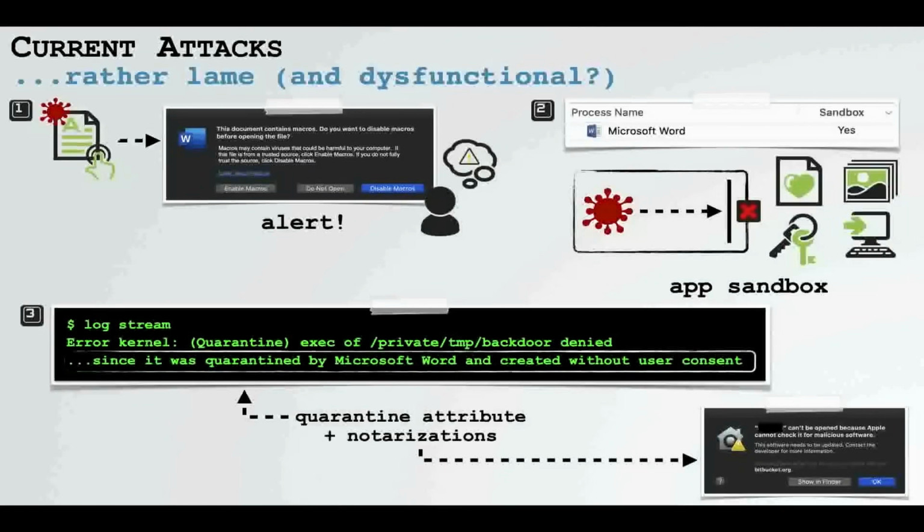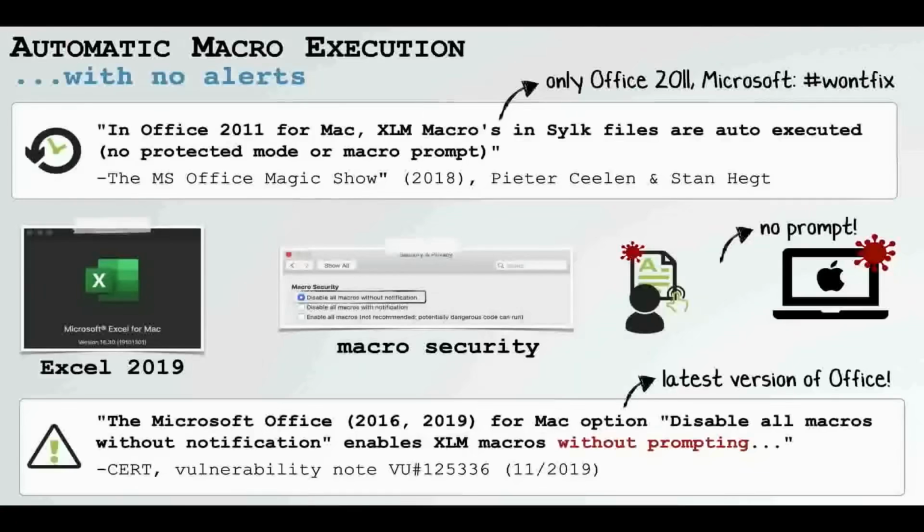So again, the current attacks, in my opinion, are basically useless. Now, whenever companies such as Microsoft or Apple patch stuff or implement new security mechanisms, I like to poke on that, because often they do so incorrectly, insufficiently.